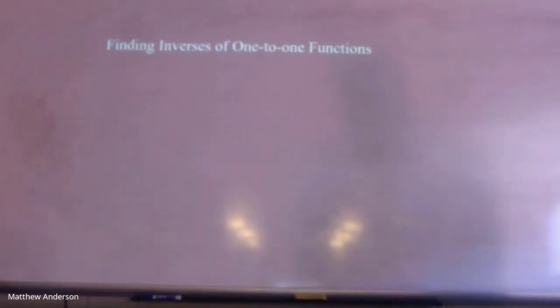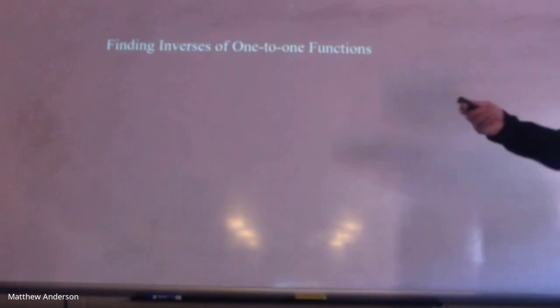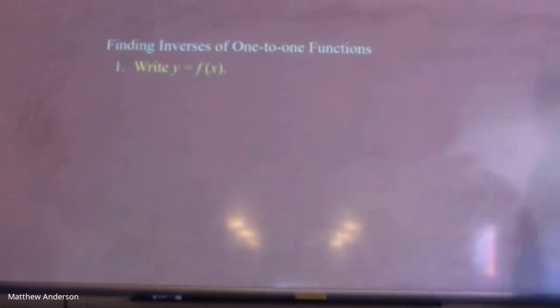Okay? So here's how we find those inverses. It's 3 steps. It's not super long. The first 2 steps are super easy. The third step is where we have to actually do some math. The first step is, instead of f of x, we're going to write a y in place of that f of x. That's just to make it a little bit shorter to write, and it's easier to work with that y instead of f of x.